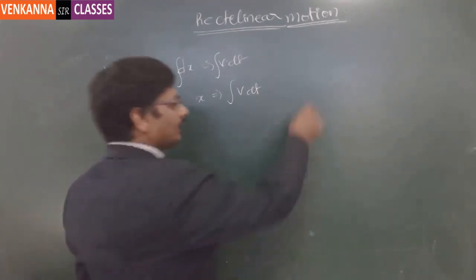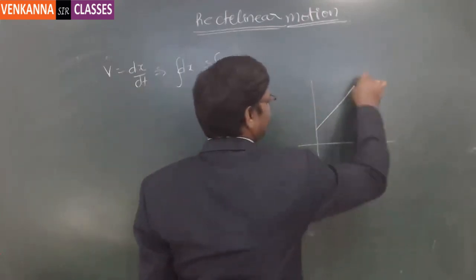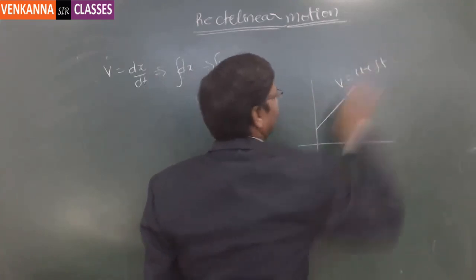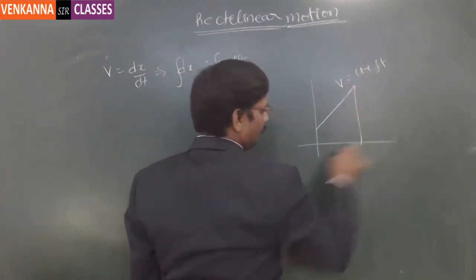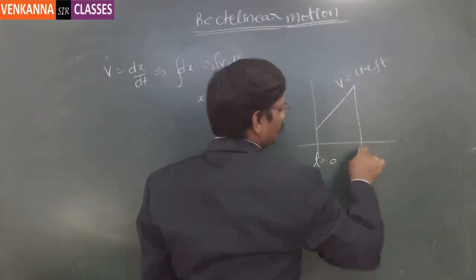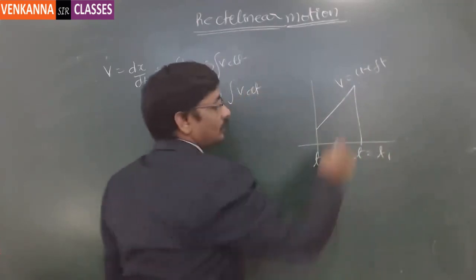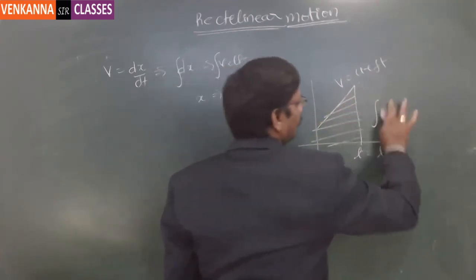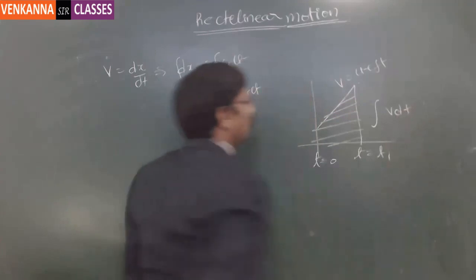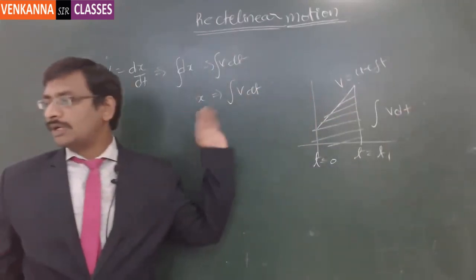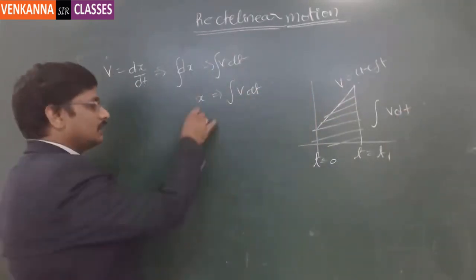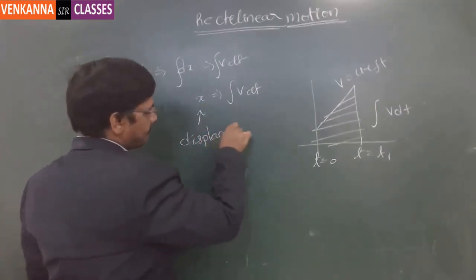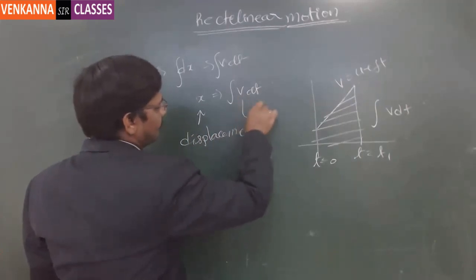Now if you draw the graph of v versus t, v is equal to u plus ft, within a time starting from t equal to 0 to t equal to t1. The area under this curve can be calculated with the help of the integral of v dt. Mathematically we proved that x is equal to the integral of v dt. It is nothing but the displacement, and this is the area.